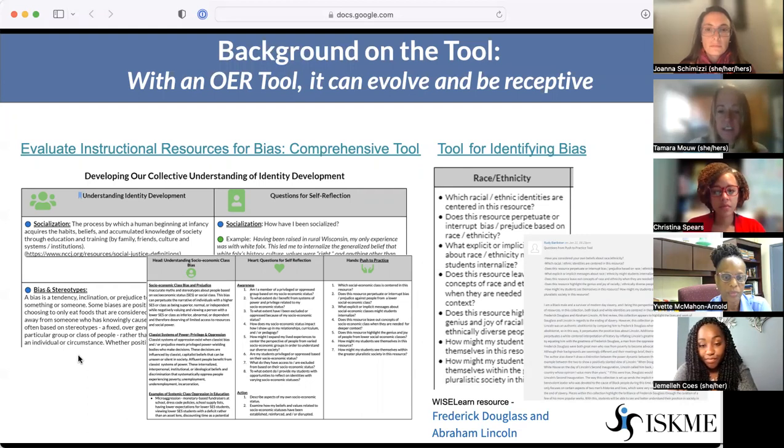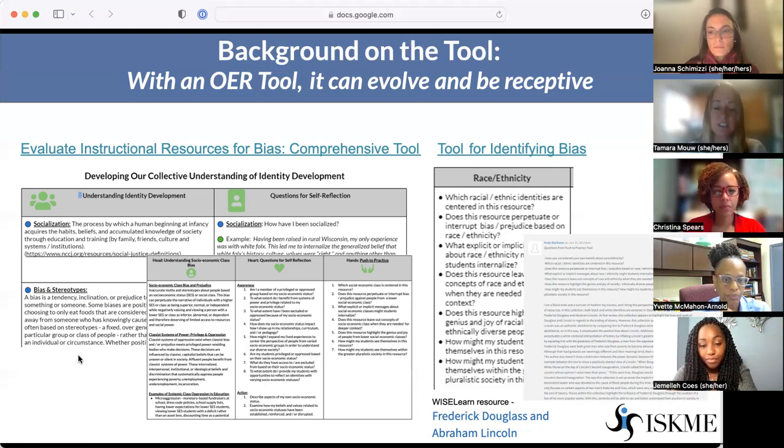So when we reflected on this tool, we reflected on the demographics of our state, we wanted to think about how are we setting up our educators for success in their classrooms to really think about how they can understand how identity is socially constructed, to be able to hold a mirror up to themselves, to really understand their own identity, as well as to understand the identities of the students and families who are in their classrooms within our pluralistic society, and also to think about what does this mean for how they're showing up in their classrooms?